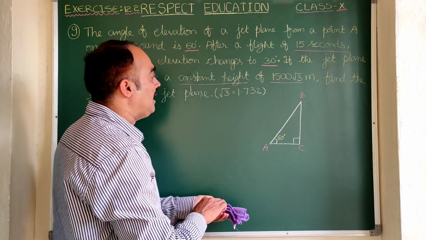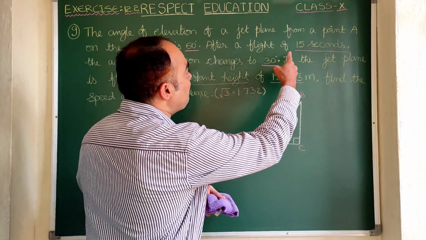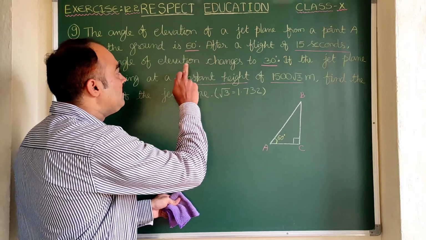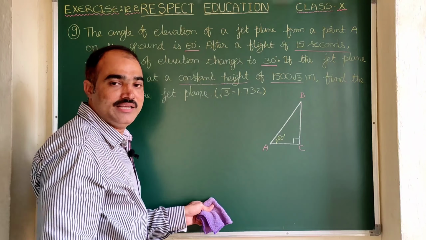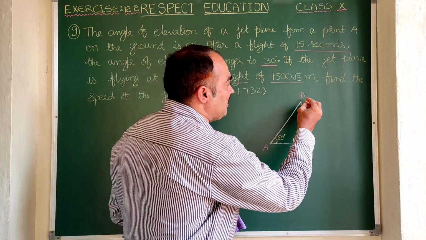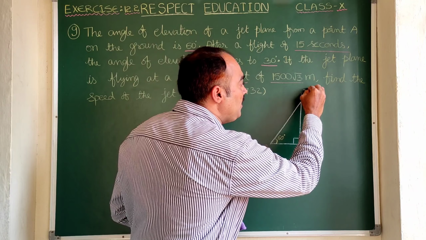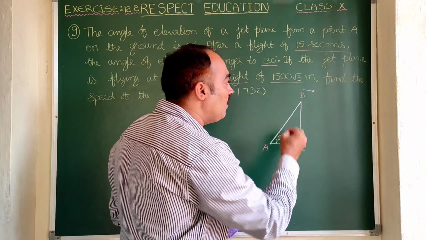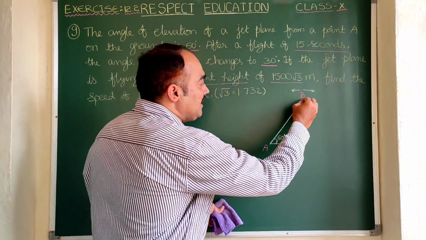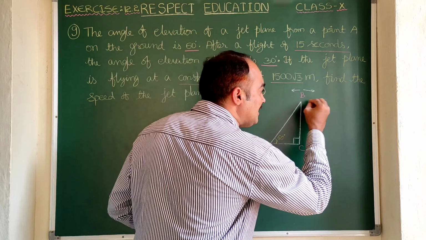Now what happens? After a flight of 15 seconds, the angle of elevation changes to 30 degrees. Here you need to understand whether this jet plane is moving to the right hand side or the left hand side.